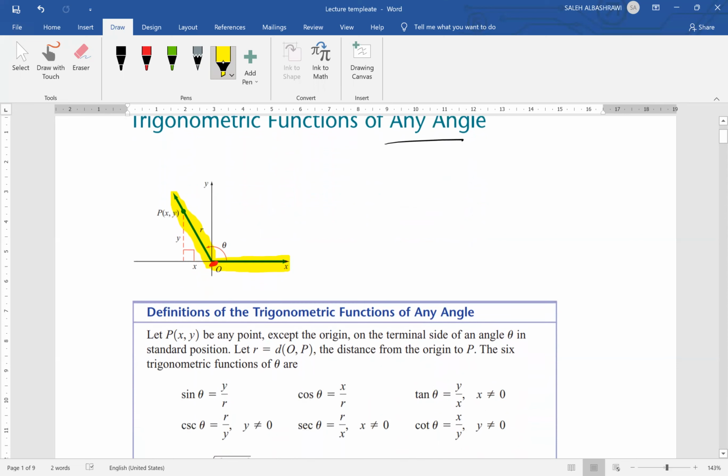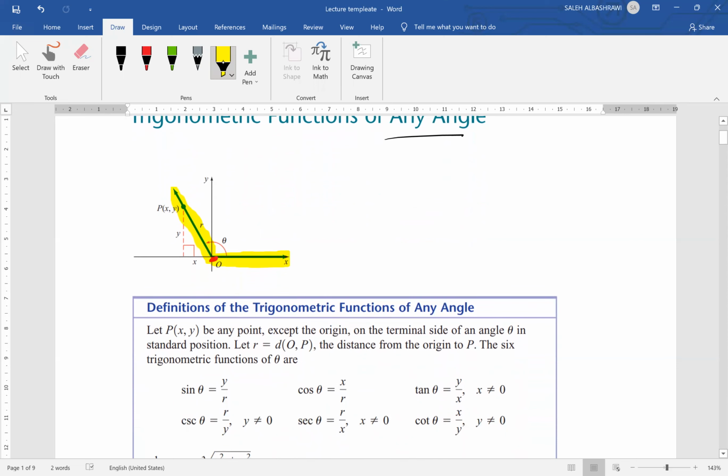Suppose that we have a point B, let B be any point except the origin on the terminal side of an angle theta in the standard position. So suppose that we have this point, which is B, it can be any point on the terminal side of any angle in the standard position.